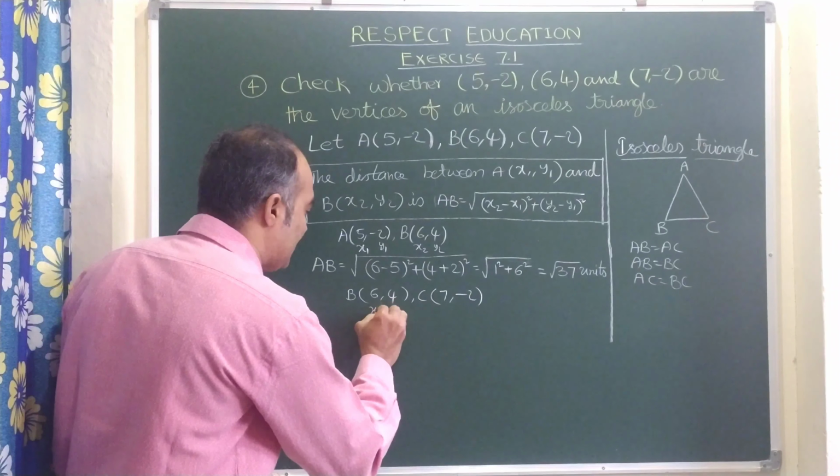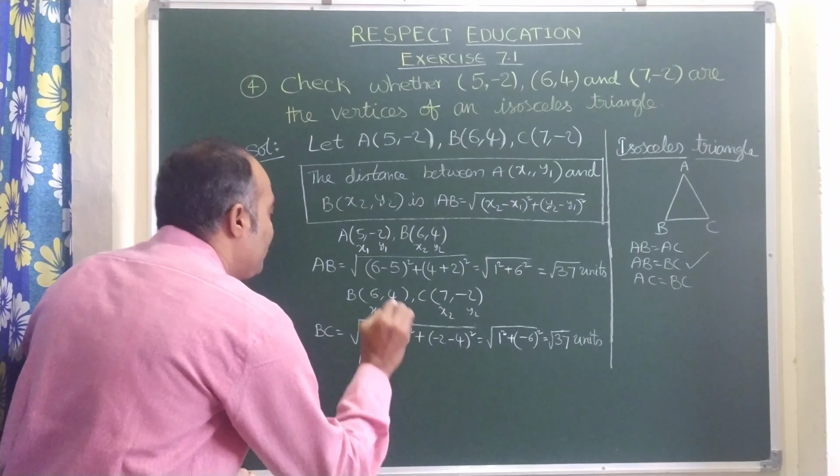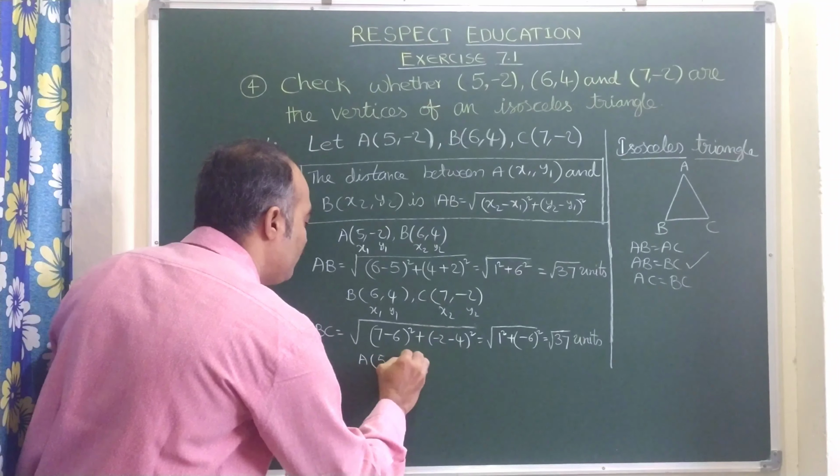Before concluding, let us check AC also. Actually we can stop this problem here, but for our further information, let us find AC also. It will be a kind of practice for us. Here A is 5 comma minus 2 and C is 7 comma minus 2. Let us take A as x1, y1 and C as x2, y2.